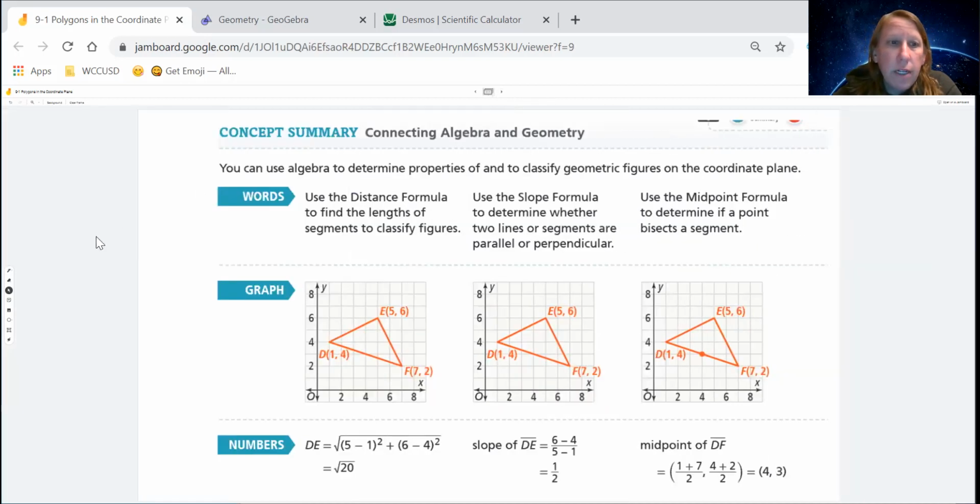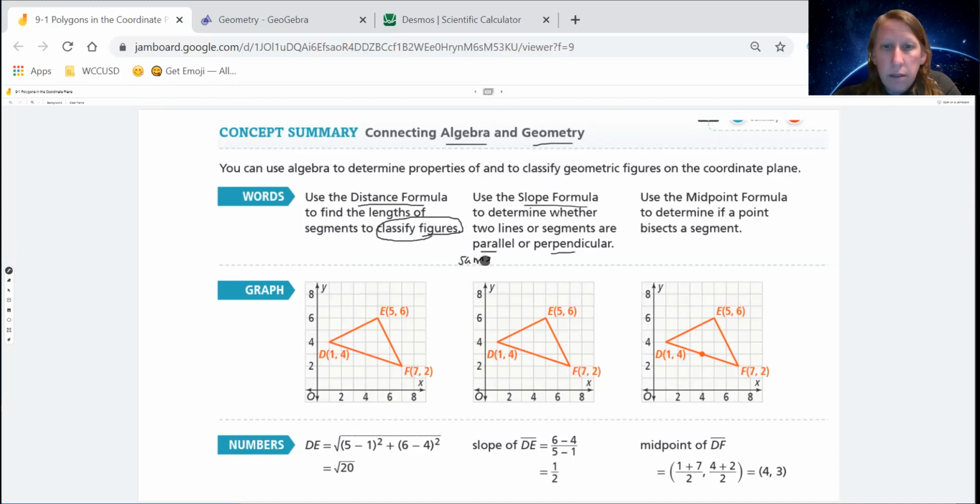Here's a little summary. If you're doing coordinate geometry, it's where algebra and geometry meet. You can use the distance formula to find side lengths and classify. You can use the slope formula to see if there are any right angles anywhere or any parallelograms anywhere. So if it's parallel, the slopes are the same.